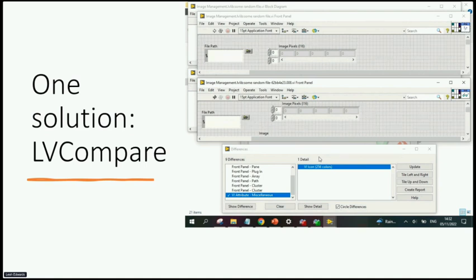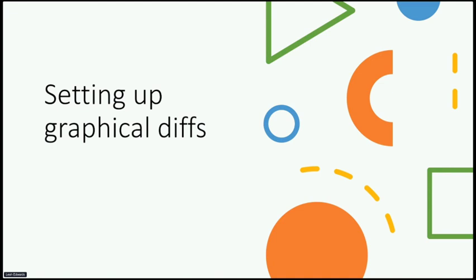It's worth noting here that the 2 VIs are named differently. LVCompare and Tortoise Git will automatically rename the base file with the commit hash, which just makes it super simple for finding which one is which when you're comparing. So it's worth setting up this tool just to make it really easy to do graphical diffs.